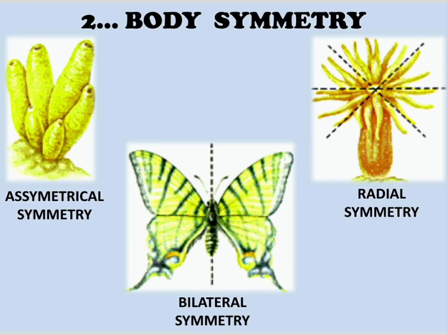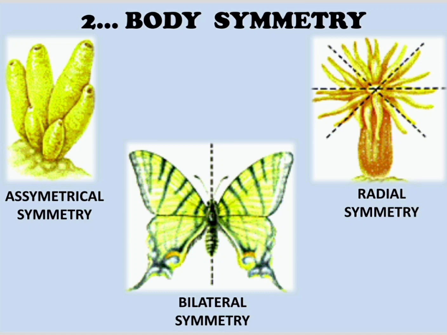Now we move on to the second part of our criteria for classification, which is body symmetry. Under this we have three sections: asymmetrical symmetry, bilateral symmetry, and radial symmetry. Now under asymmetrical symmetry, we have all those different types of organisms which we will not be able to divide into two equal halves.